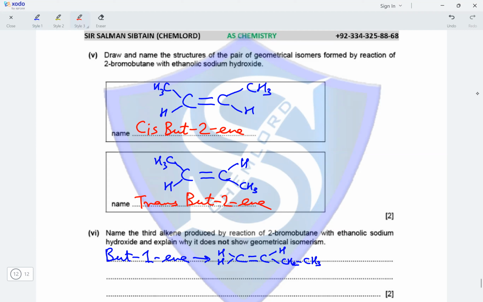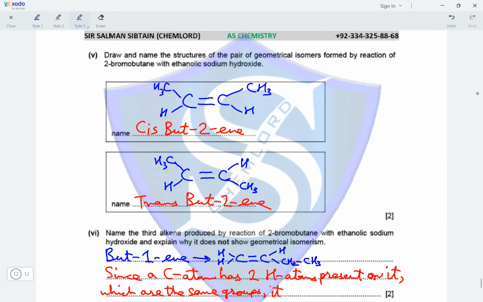So the explanation here would be, since a carbon atom has two hydrogen atoms present on it, which are the same groups, it will not show cis-trans isomerism, because the requirement of cis-trans or geometric isomerism is that the two groups on both the carbon atoms having a double bond between them should be different, not two groups on the same carbon atom.